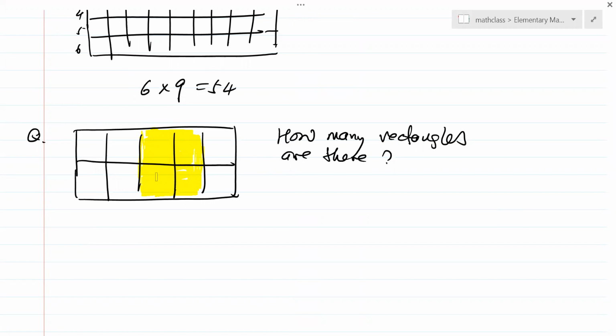This is also a rectangle. You know, just to give you some examples, colored. This is also a rectangle. All right, those are the rectangles.